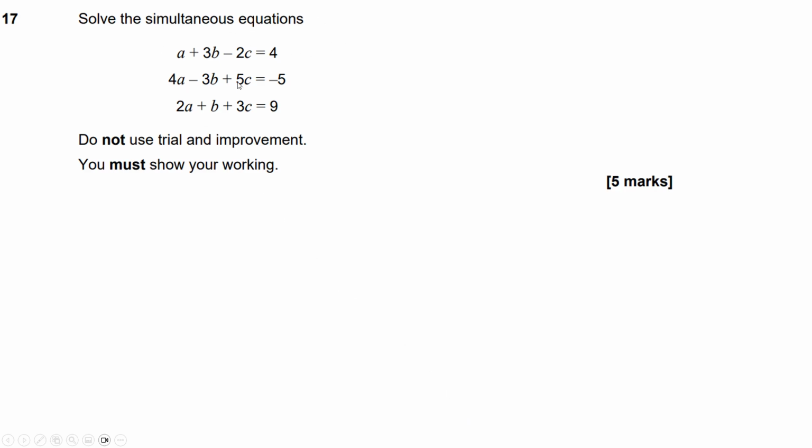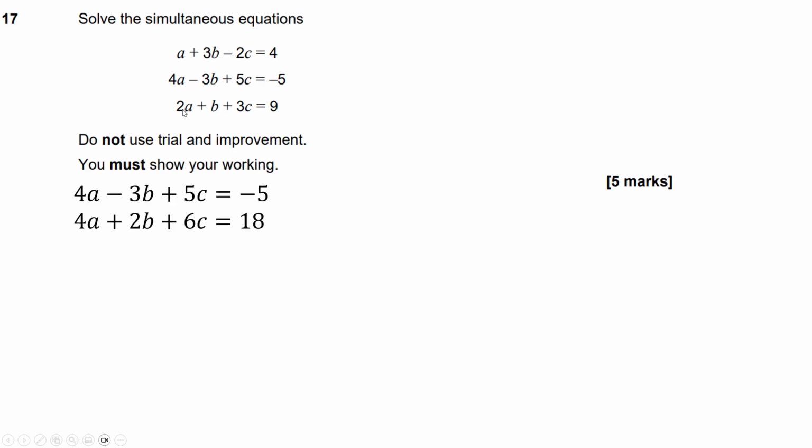Solve the simultaneous equations. There are many ways you can do this, but the way I did it, I just used the elimination method, and they'll usually set it up so you can use that method because it's much easier. So I took this one and this one, and I multiplied this one by 2, and kept this one the same so that the a's can cancel.